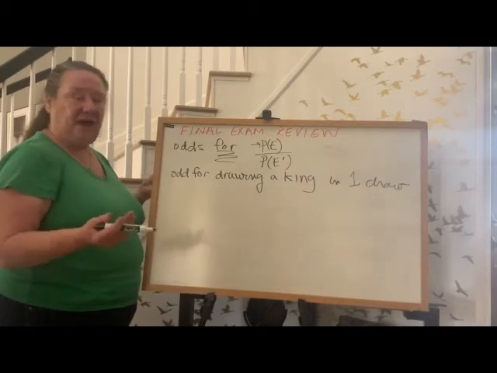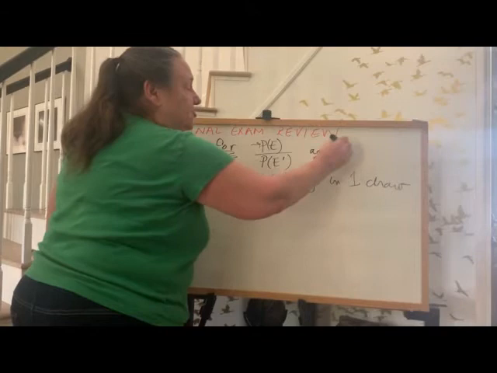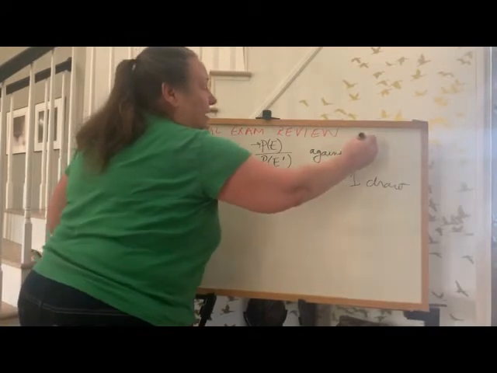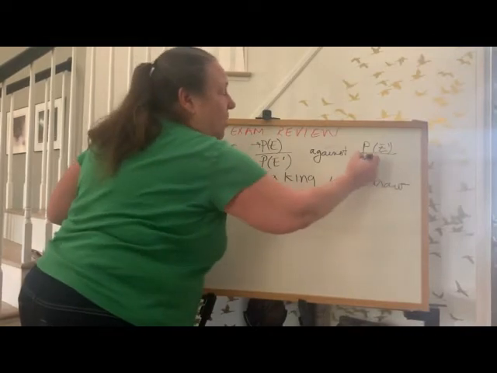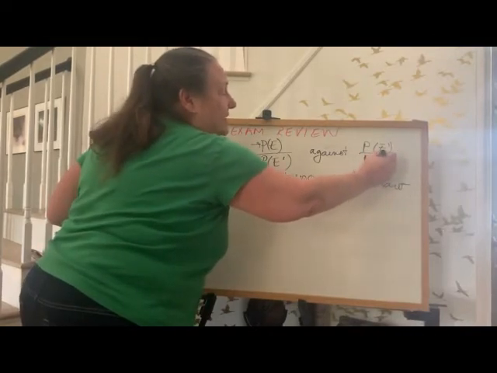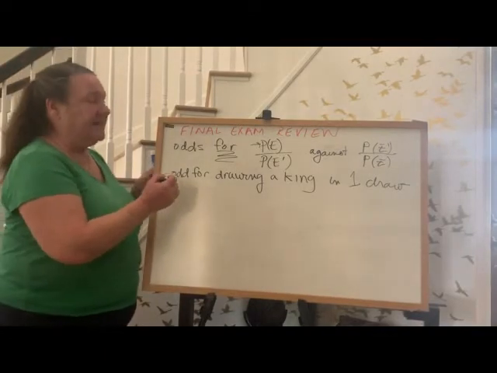The odds against is just the upside down of that, probability of the event not happening over probability of the event happening. Okay, it's very simple. All right, the odds for drawing a king.